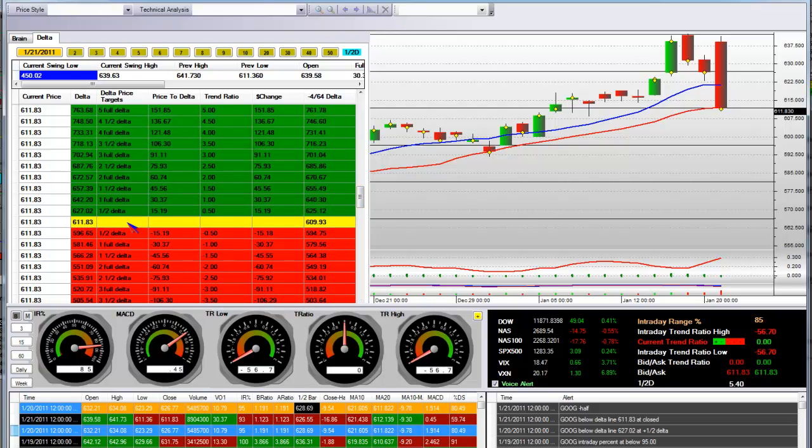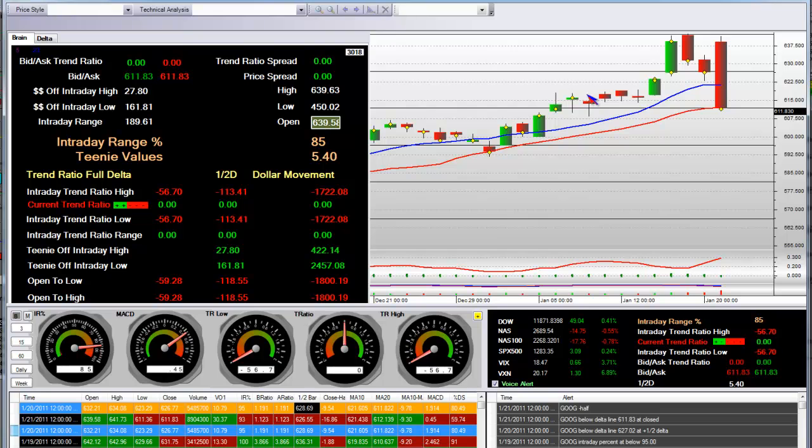We're going to take a look at 3 deltas higher, which is $702. And a full delta is $30 for Monday. That's what I'm showing. And the price action bar down here in the VO1 column was $30.37.